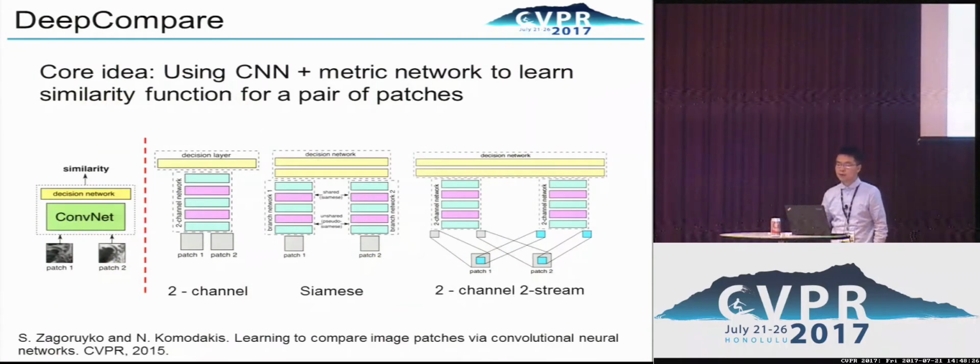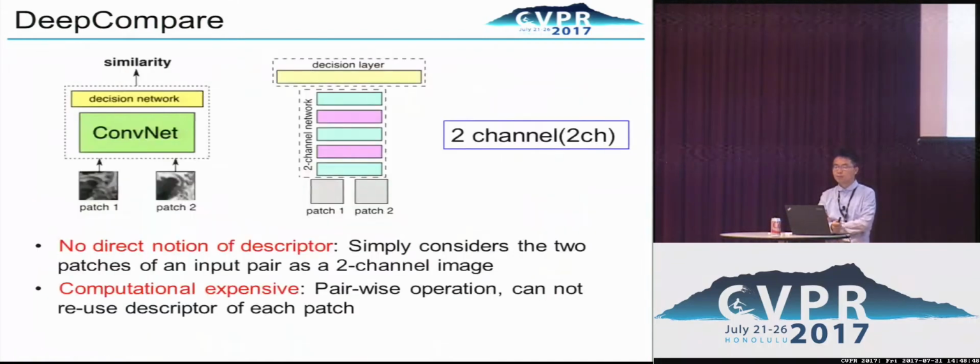DeepCompare was proposed at the same time as MatchNet. It studies the possibility of using a deep network to learn a similarity function for a pair of patches. For this purpose, it has proposed several different kinds of network architectures and tested their performance. The authors of DeepCompare first proposed a two-channel architecture as the similarity function.